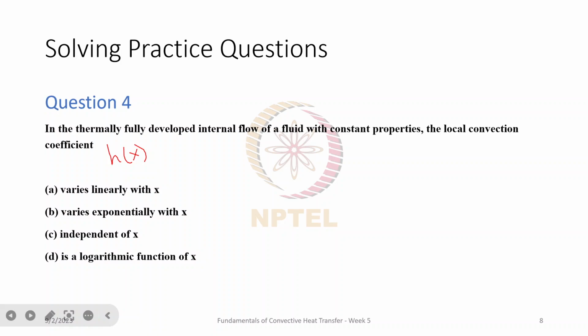Okay, so we have one response in favor of option C, that is independent of x. Let's see what others have to say.